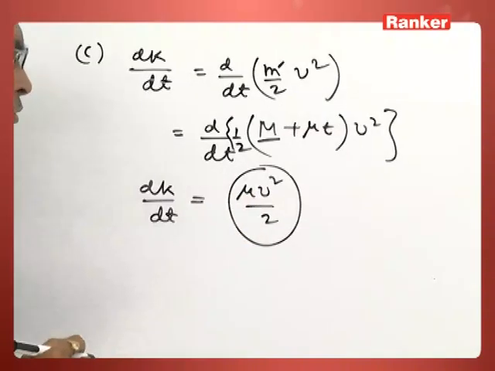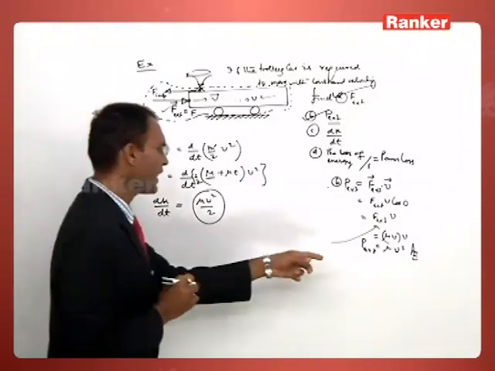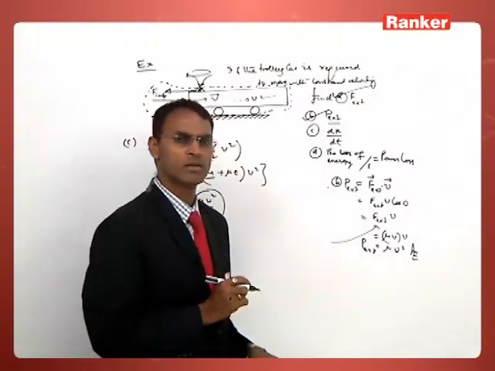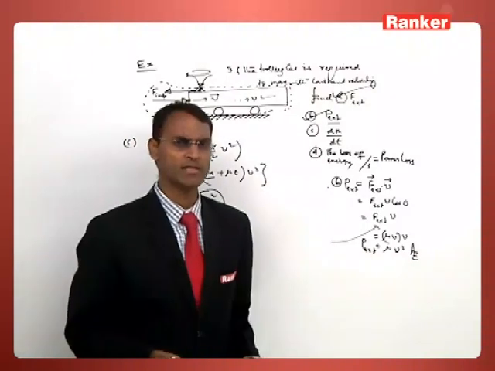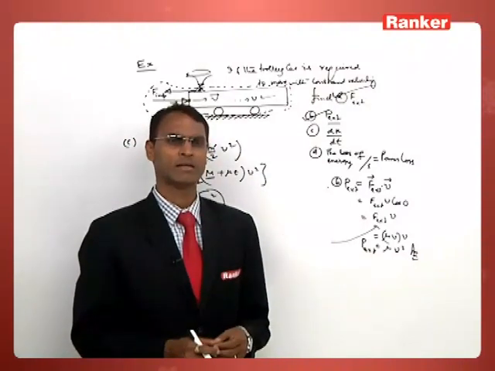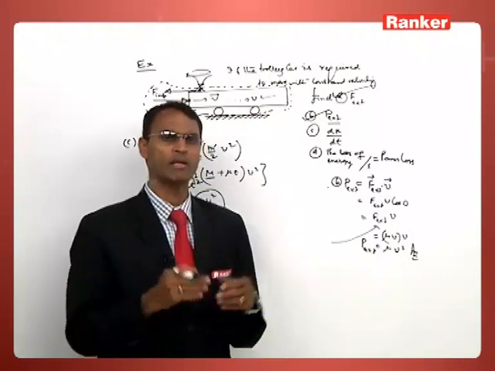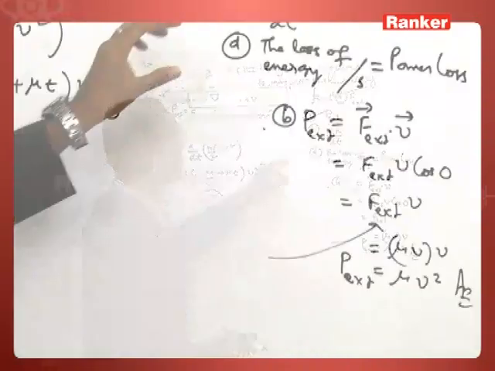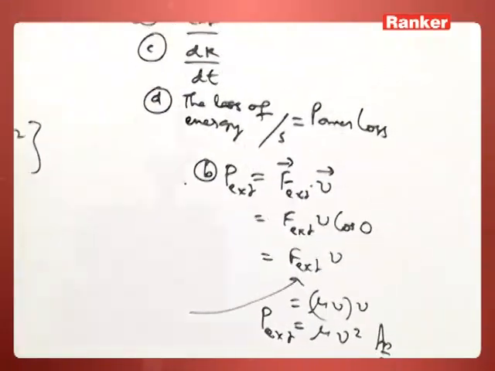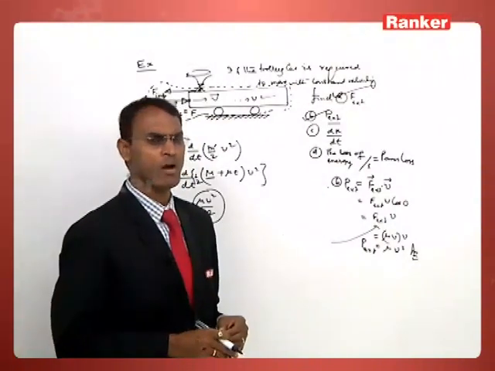That is mu v square by 2. You are supplying energy at a rate of mu v square. And what happens to the next 50% of energy? Obviously, that is going away, dissipated in the form of heat, sound, light, etc.